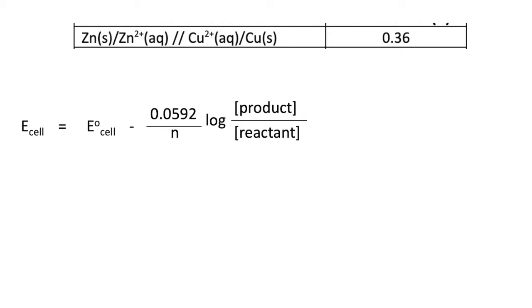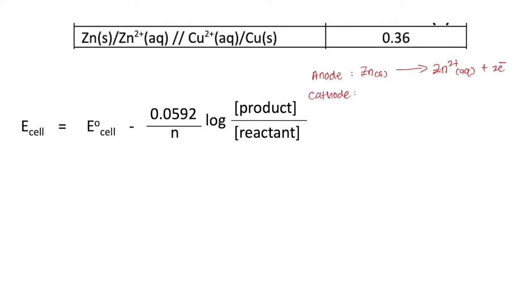Next, we have to write the half cell for each of these. For the anode, our anode is zinc, right? So our half cell is zinc solid producing zinc 2+ aqueous plus 2 electrons.